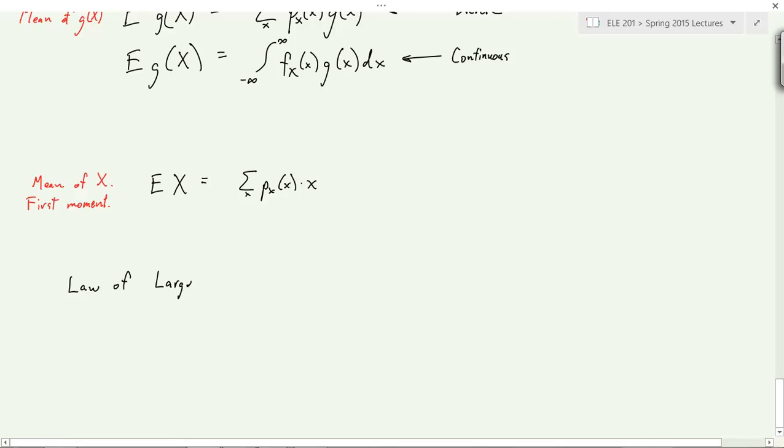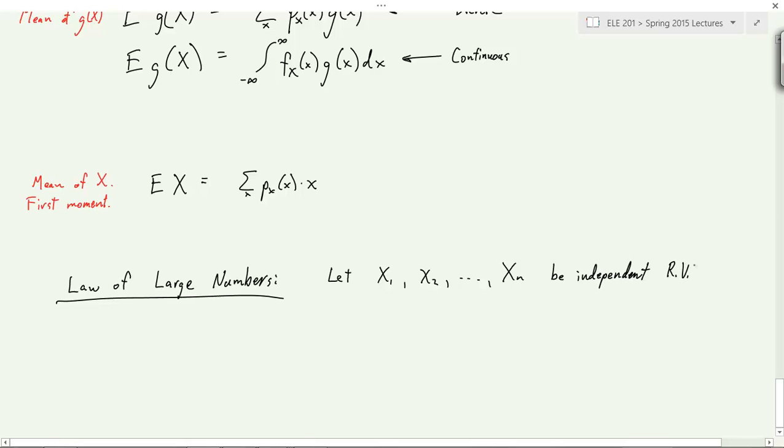There's a law of large numbers from probability theory, and it says that if you have a sequence of independent random variables, we'll call them x1 up to xn, and they're not only independent, they all have the same distribution.